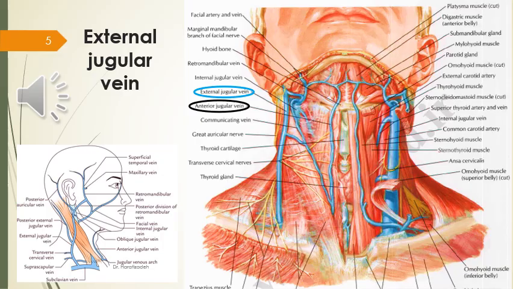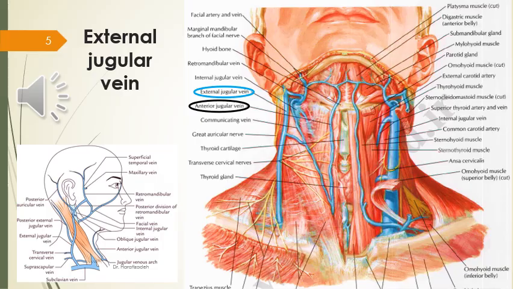In the dissection, we remove the platysma in that region to reach this vein. It runs superficially across the large muscle called sternocleidomastoid. You can find it in the picture, and I will explain it later.